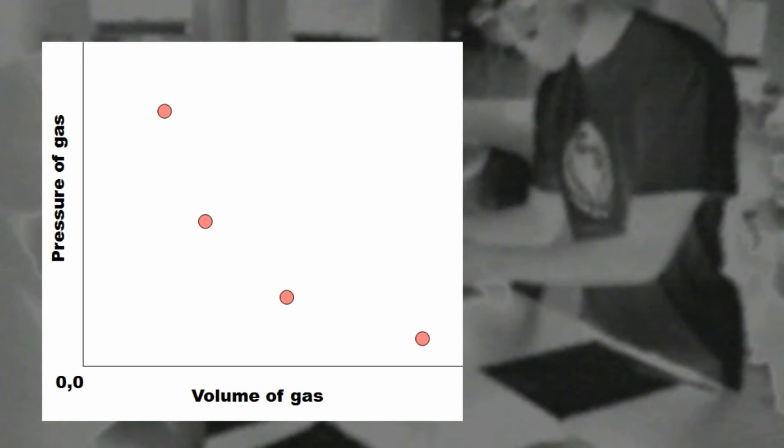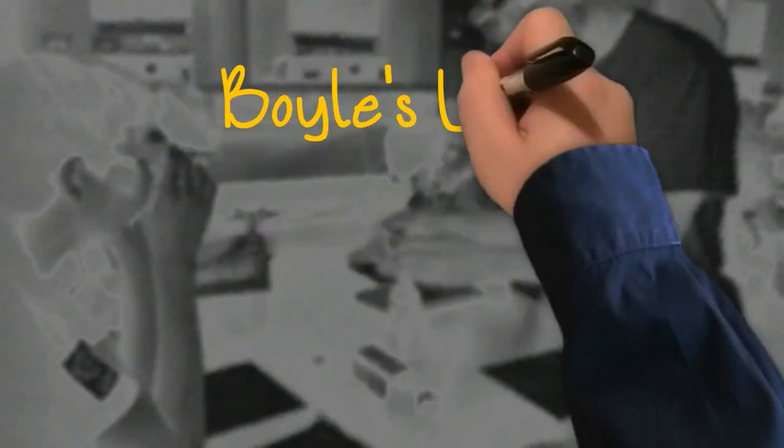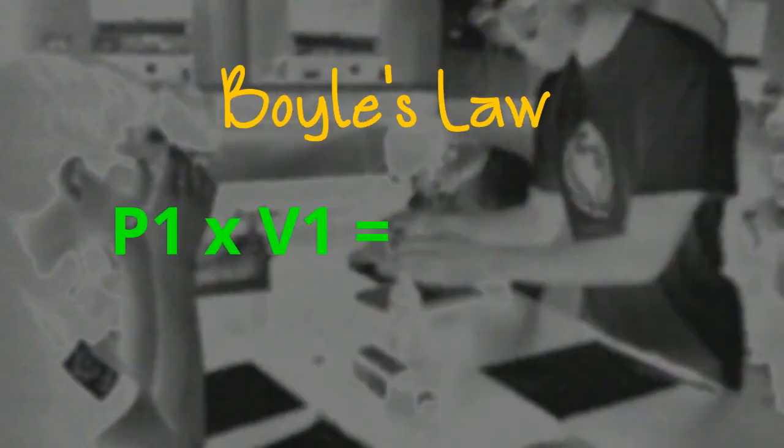That means at this point, which we call V1, P1, the product is the constant K. At this second point, which we call V2, P2, the product is the same constant, K. Since the two products are equal to the same number, they are equal to each other. So we can express Boyle's law as P1 times V1 equals P2 times V2.